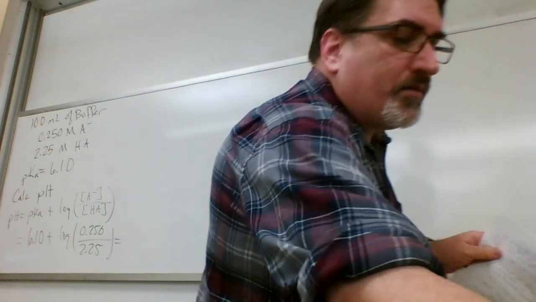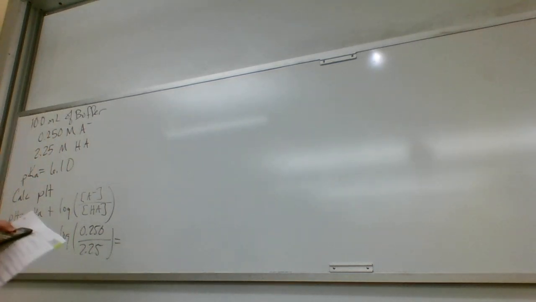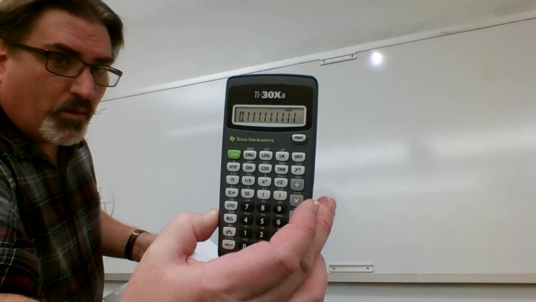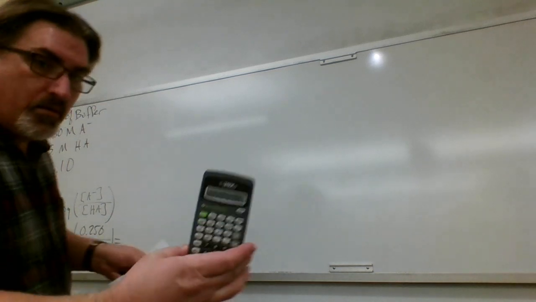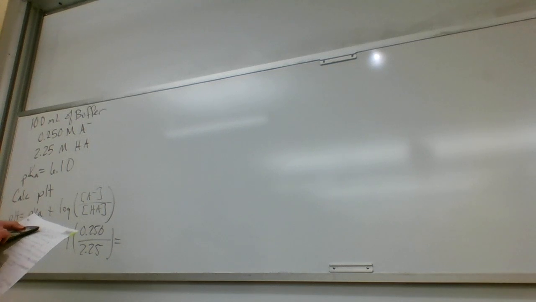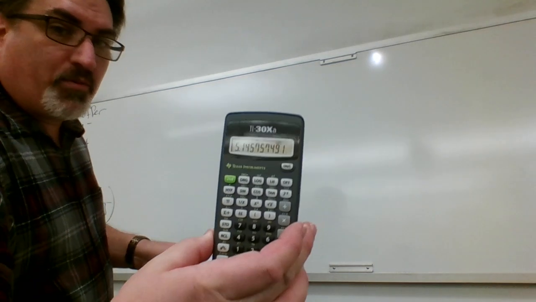So working that out, try that log term first. It'll be easier on these calculators. So 0.25 divided by 2.25 equals 0.111. The log of that is minus 0.95, plus 6.1. So the pH of this buffer should be 5.14.